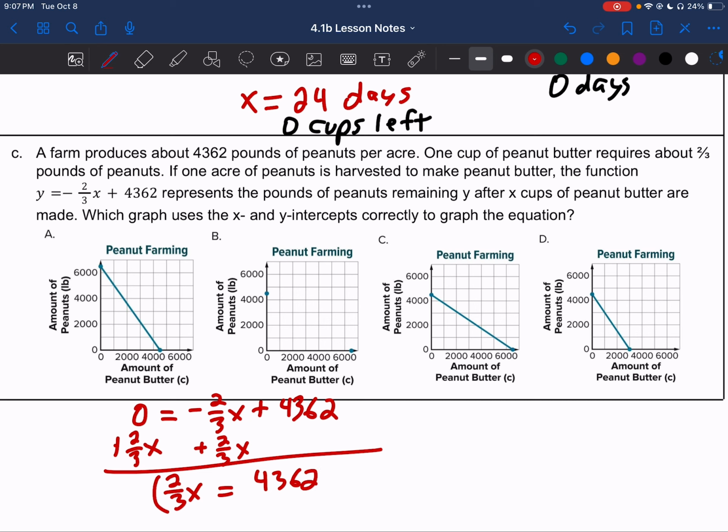And in order to solve this, I need to multiply by my reciprocal, which is 3/2. And I find that x is going to be equal to 6,543, and x is cups of peanut butter.